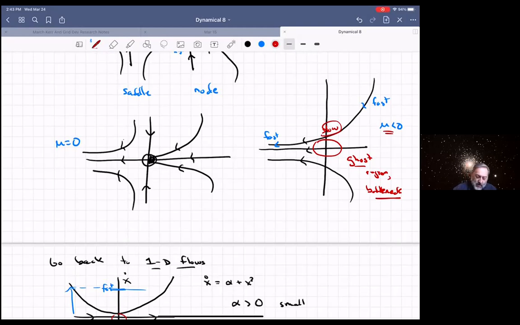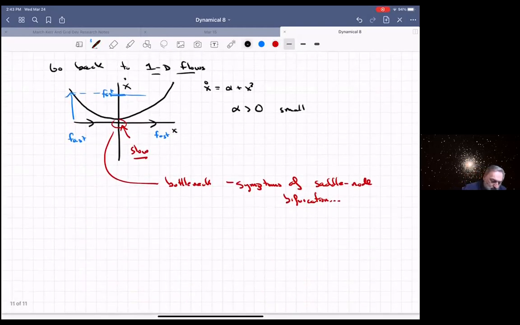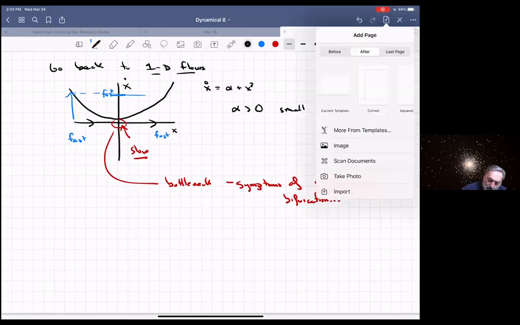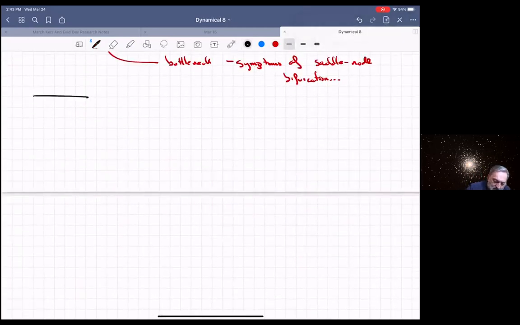You can also have, so you remember our 1D, we had the transcritical bifurcation, which had the form x dot is mu x minus x squared.